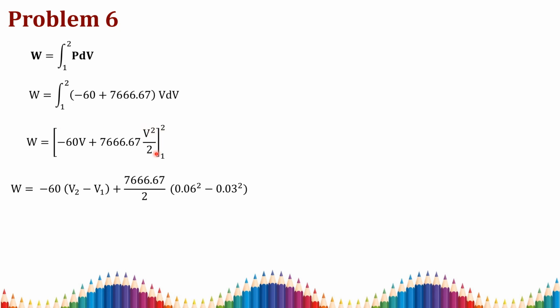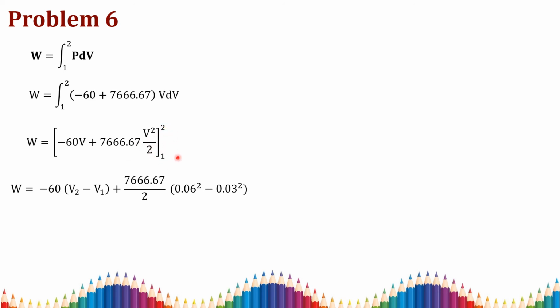And we have to write lower limit to upper limit. Here we are changing the variable as volume, so the limits are V1 to V2. So that is minus 60V plus 7666.67 V square by 2, with lower limit V1 and upper limit V2.